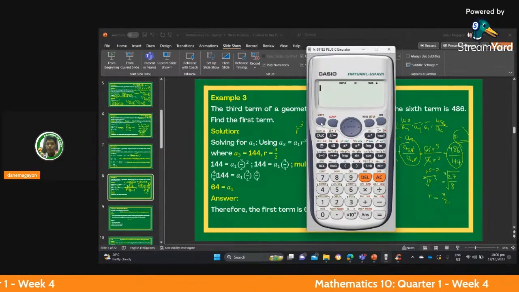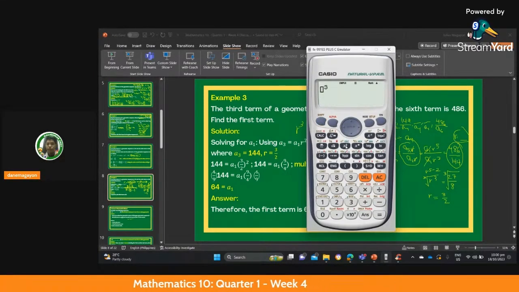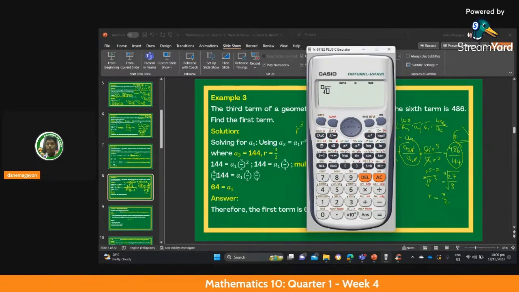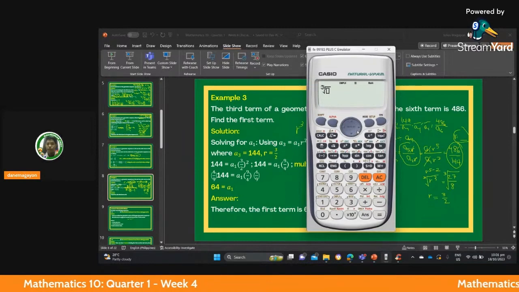So kunin natin yung third root. So we have to shift, tapos ito, ay hindi pala ito. Iba pa kasi yung calculator natin. So we have shift, and then itong part na to, ilagay natin yung index niya which is 3. And then we have 27 over 8.